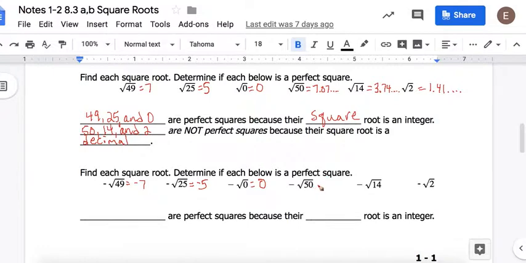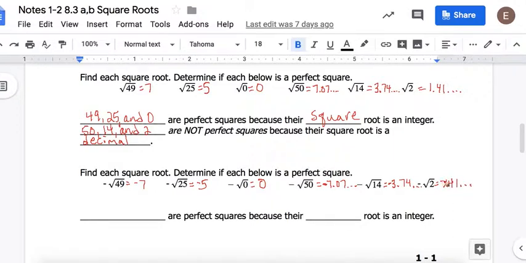Okay, the square root of 50, remember, was 7.07 dot dot dot. But remember, the negative sign makes it negative, so put the negative in front. Square root of 14, remember from above was 3.74 dot dot dot. Put the negative in front. And the last one was 1.41 dot dot dot.